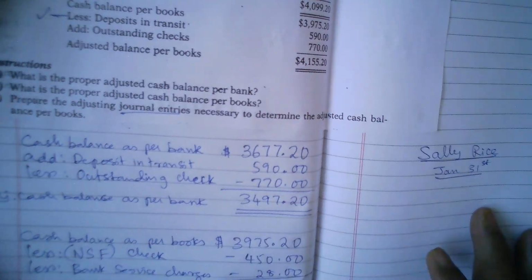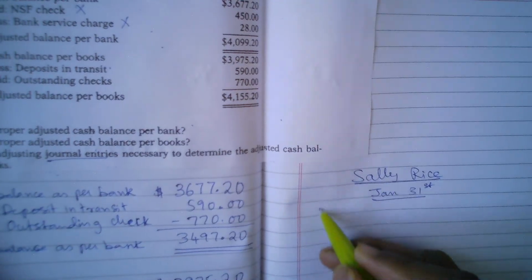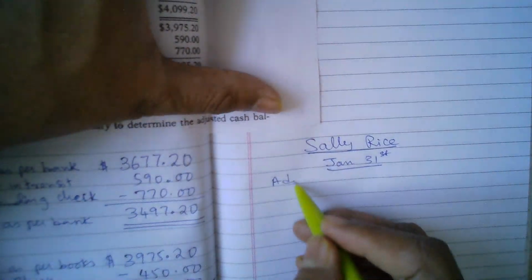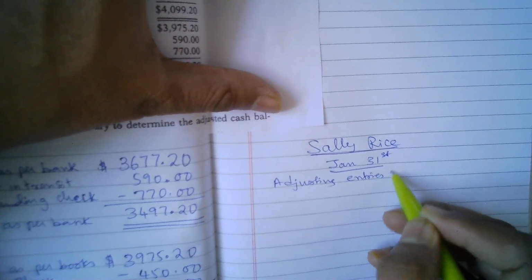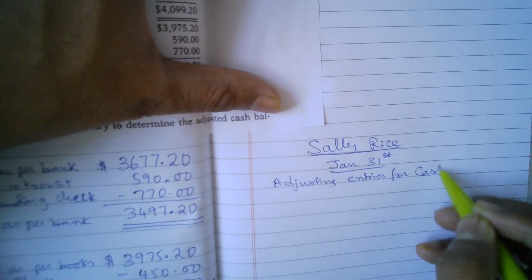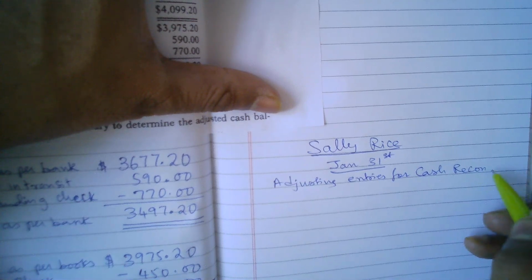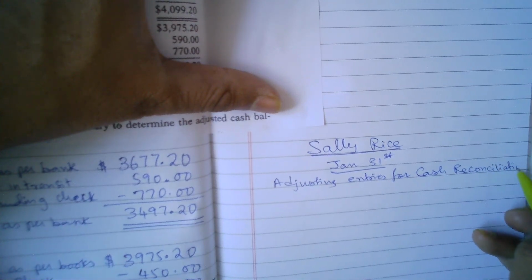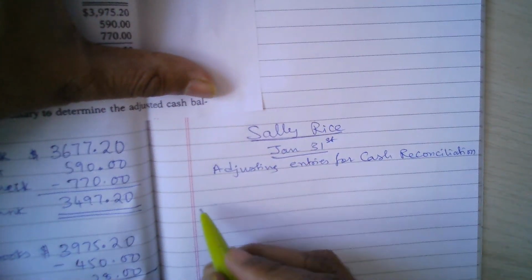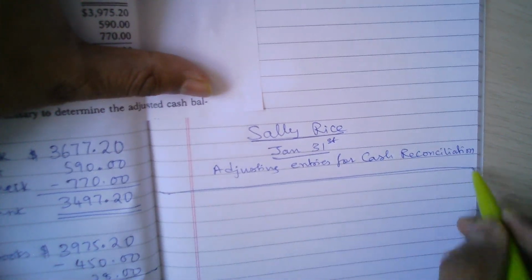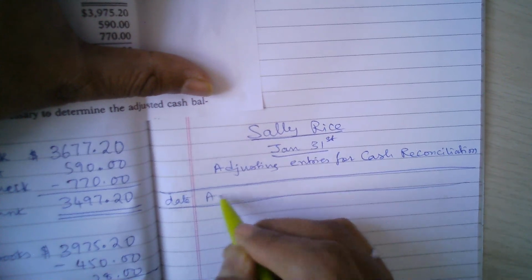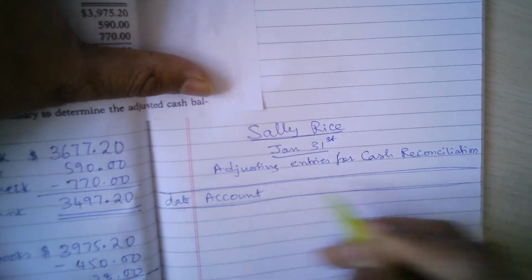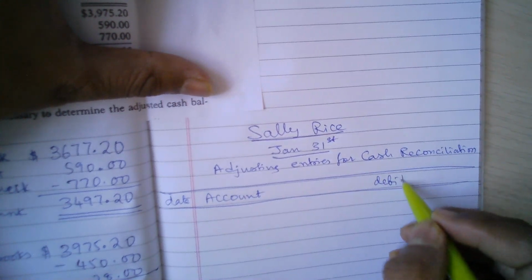Now what are the adjusting entries? Here I will say adjusting entries for cash reconciliation. So you know the format of journal entries: date, account, debit and credit.